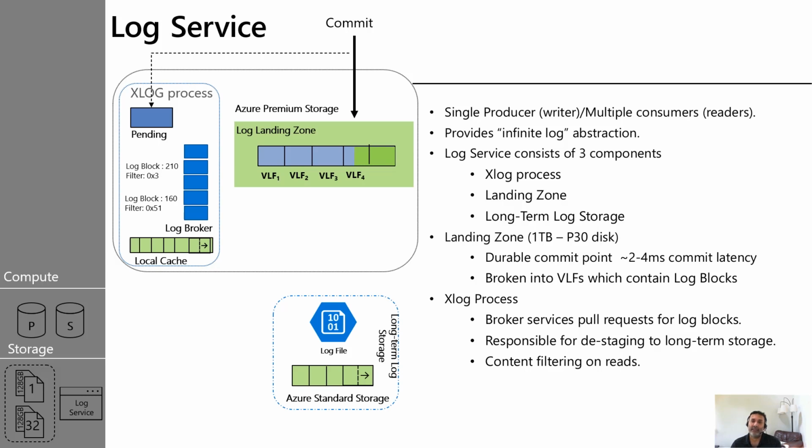If the log exists in the broker, because the broker is in memory, it's pulled from the broker. If not, from the log cache. If not, from the landing zone, and if not, from Azure Standard Storage. It depends on which area of the log is being requested, but most of the requests should be serviced by the broker.